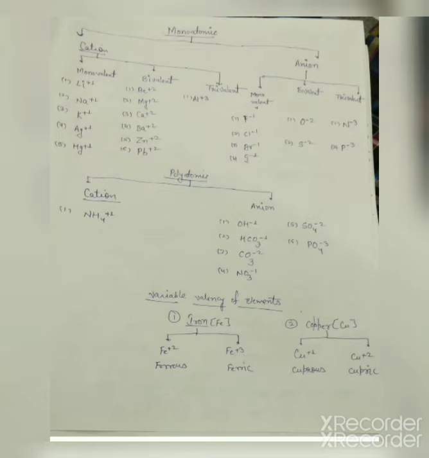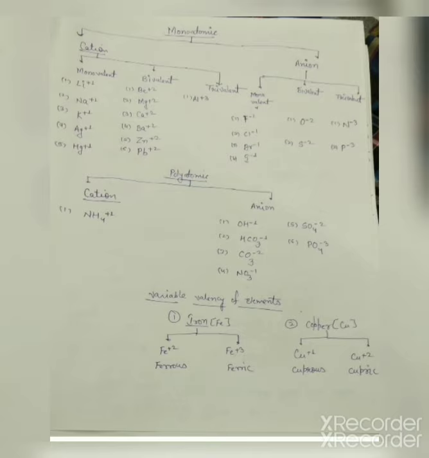Anions: hydroxide OH, HCO3 means bicarbonate, minus 1 is the valency or ionic charge. Carbonate CO3, nitrate NO3, sulfate SO4, phosphate PO4.